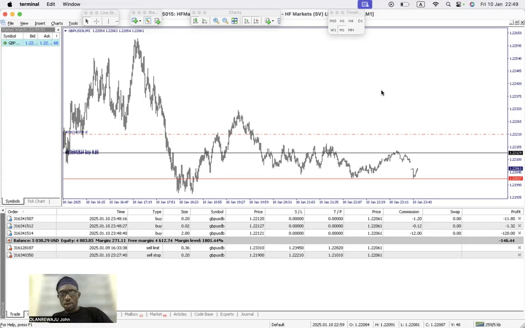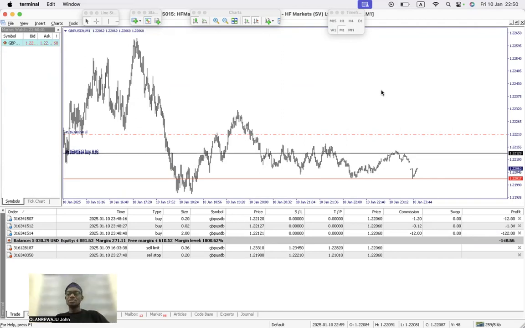Now, lot size is also relative to your account size. For example, if your account balance is $100, there are some lot sizes you cannot use. Although there is a kind of leverage you can choose that can help you use a lot size that you should not ideally use on a $100 account.